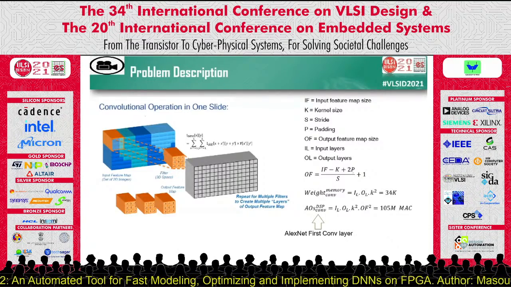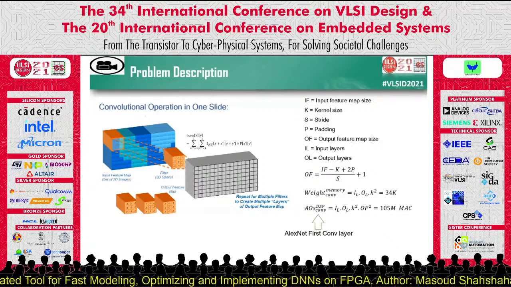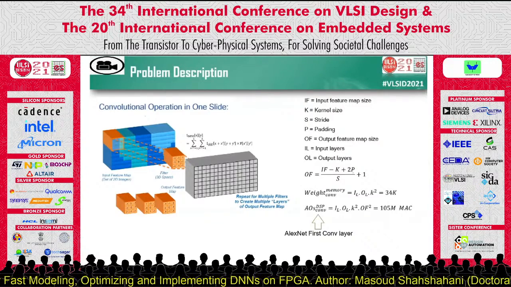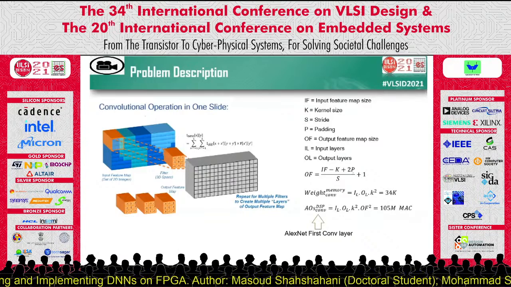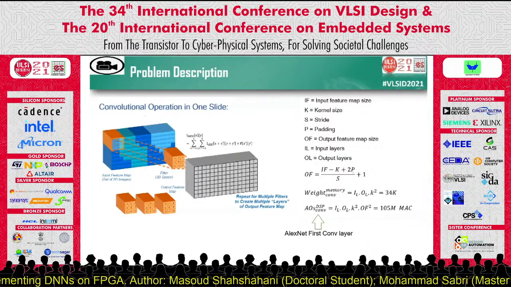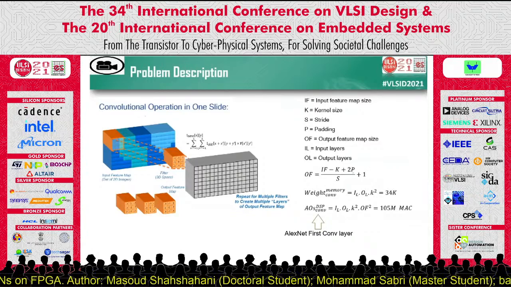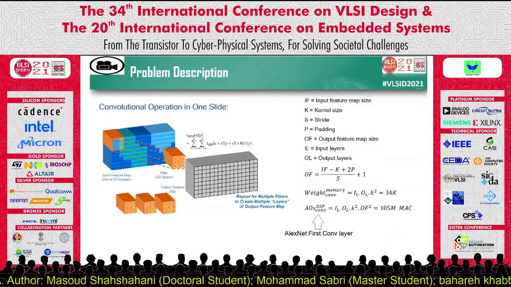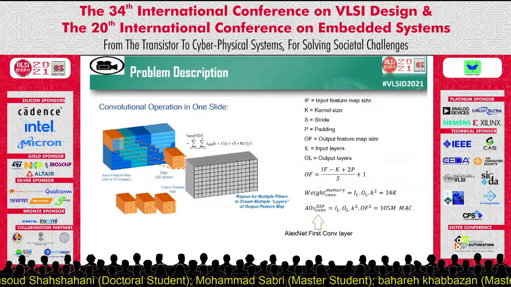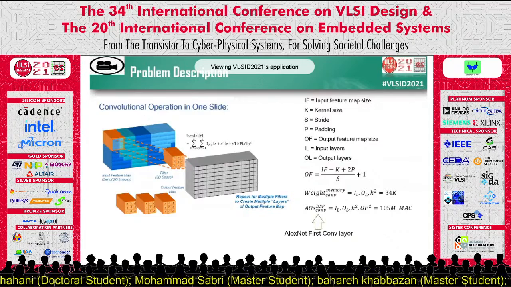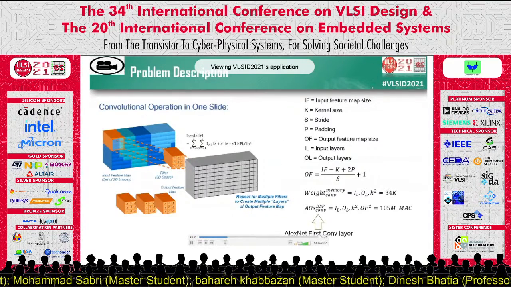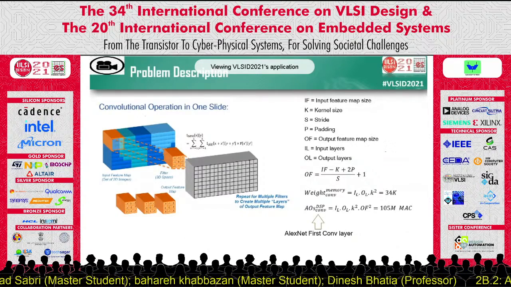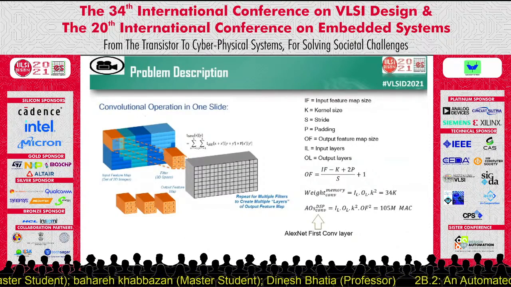For example, for AlexNet, the hyperparameters used to calculate the output feature map size are input feature map size, kernel size, stride, and padding. The amount of operation for just the first layer of AlexNet is 105 million multiply-accumulate operations, and the memory size needed for storing these weights is 34 kilobytes.